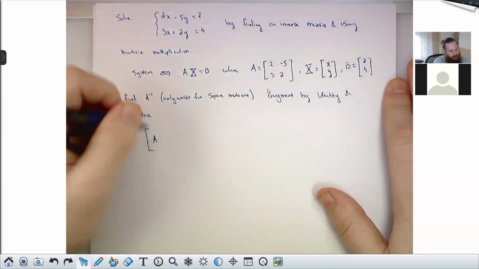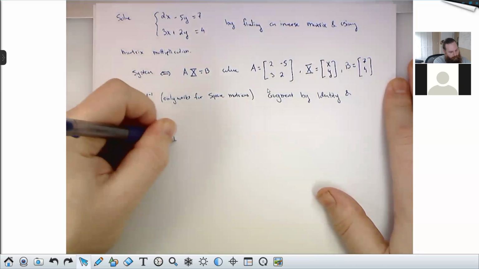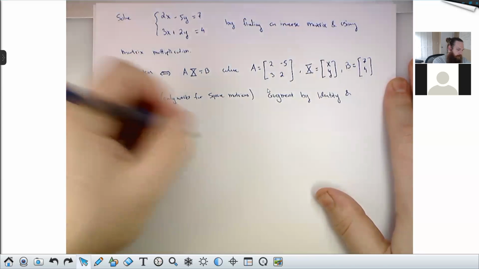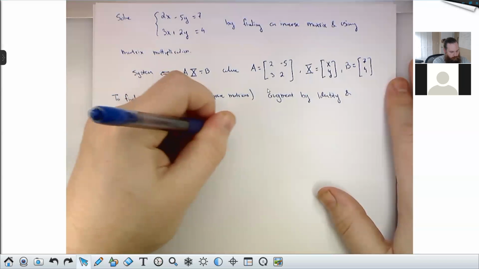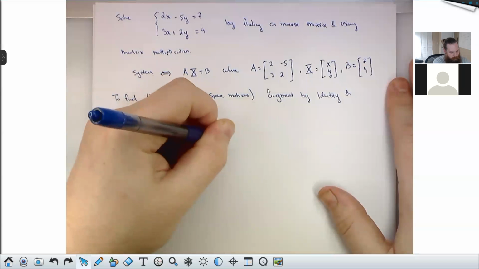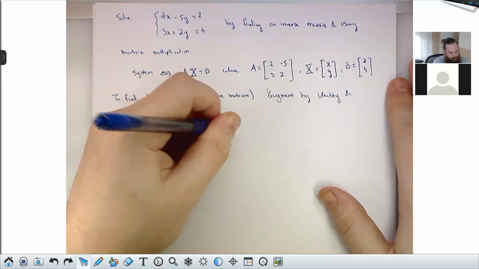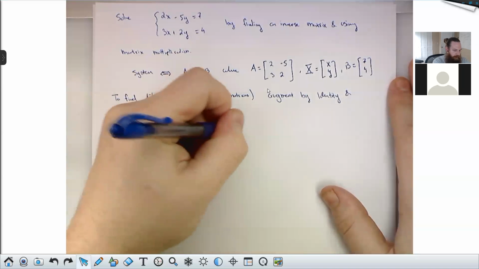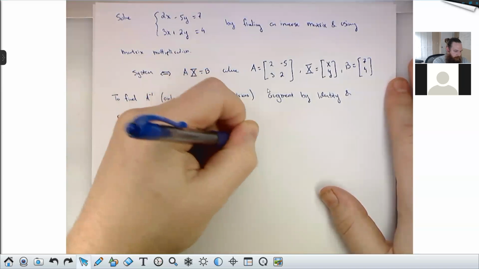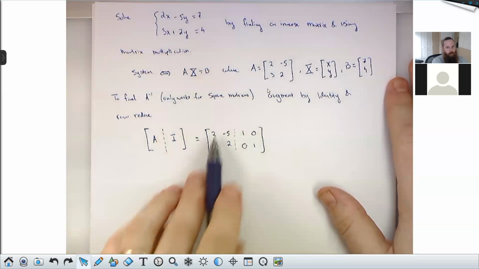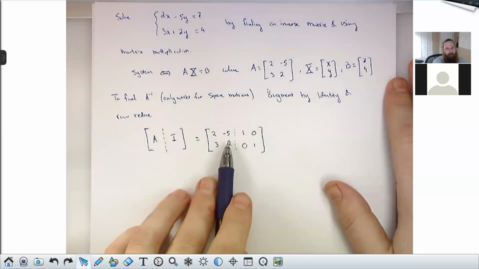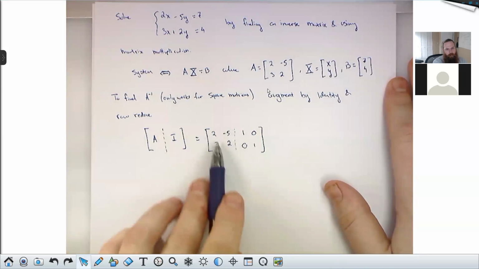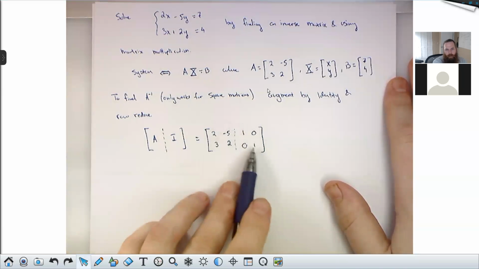So I take A augmented by I here, that is [2, -5; 3, 2] augmented with the 2 by 2 identity, 1, 0, 0, 1. And you row reduce this all the way to reduced row echelon form. You row reduce this until you have the identity over here, then this will be A inverse.